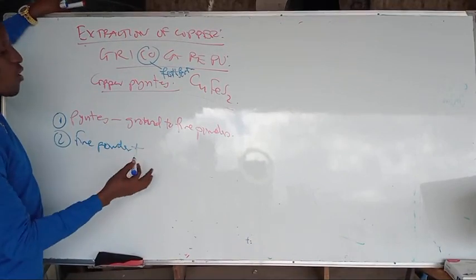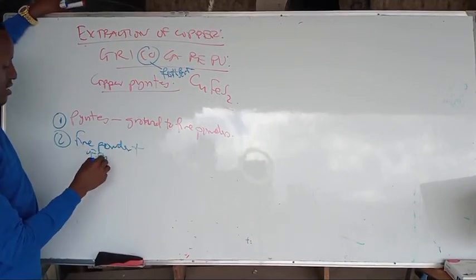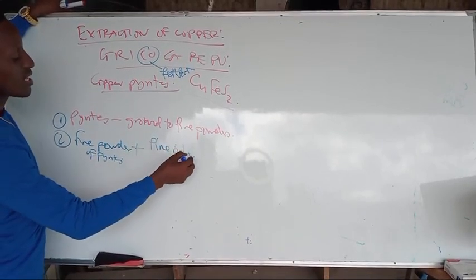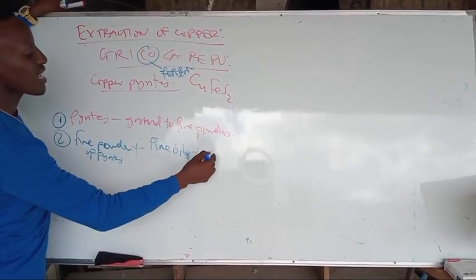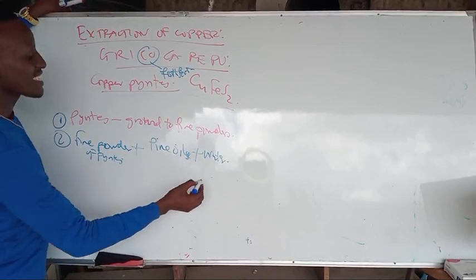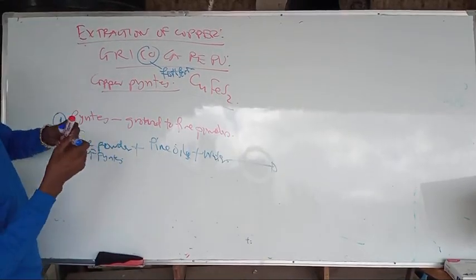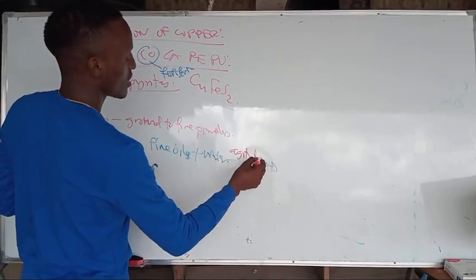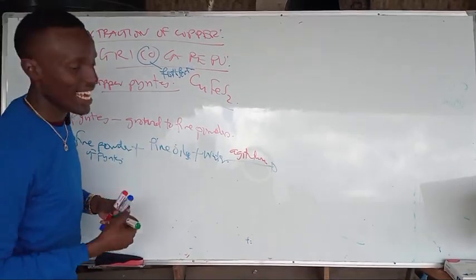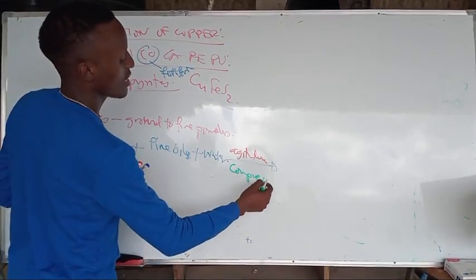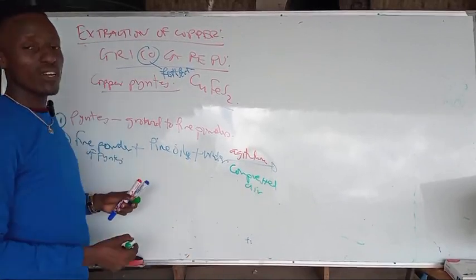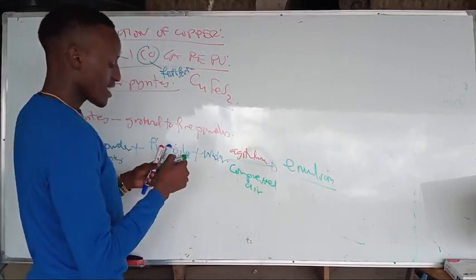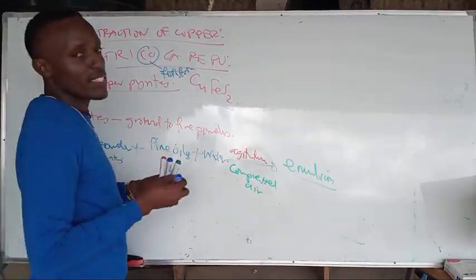The fine powders of pyrites are mixed with pine oil, then mixed with water, and then agitated by compressed air to form an emulsion. We obtain the froth from the upper surface.